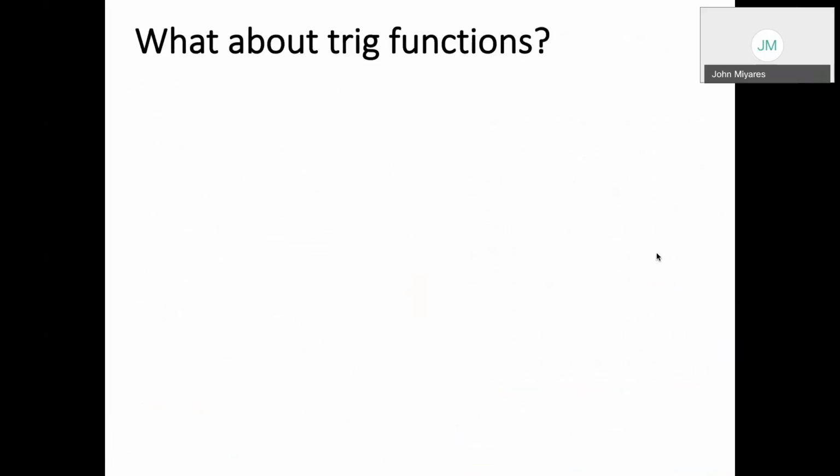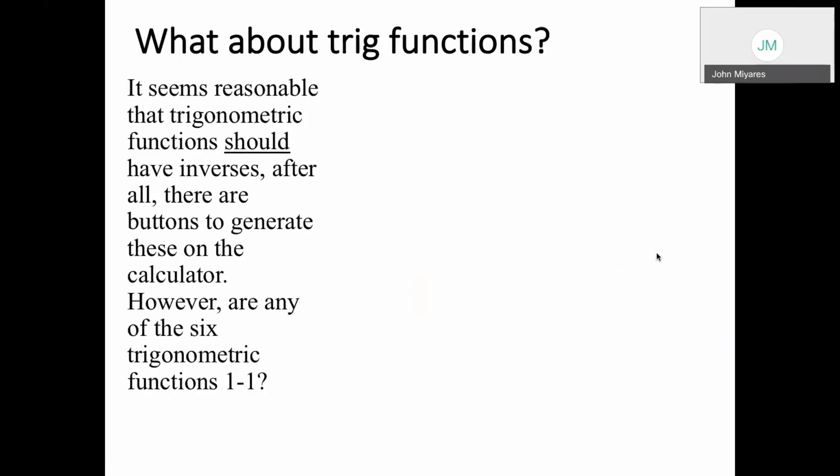Now that we've looked at inverses of functions in general and gotten that refresher, let's talk about inverses of trigonometric functions specifically. After all, it does seem reasonable that trigonometric functions should have inverses. After all, there are buttons to generate these values on the calculator.